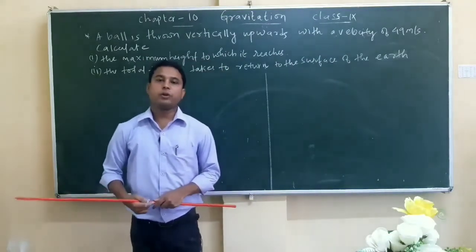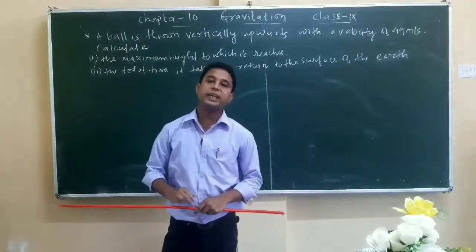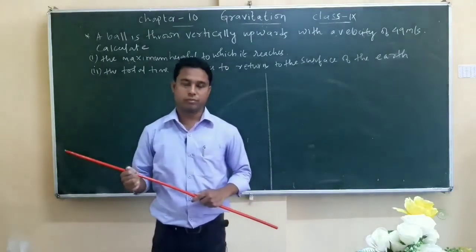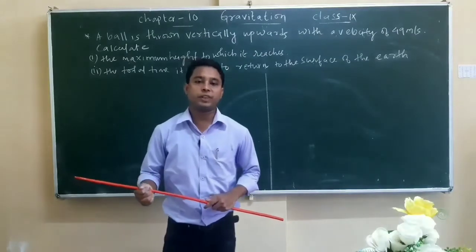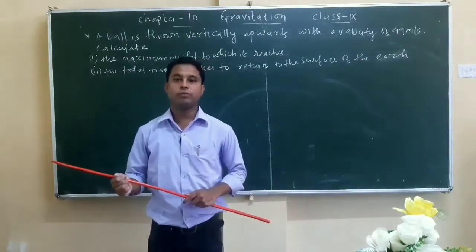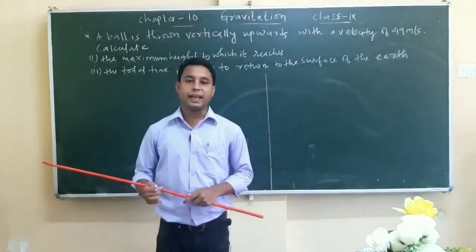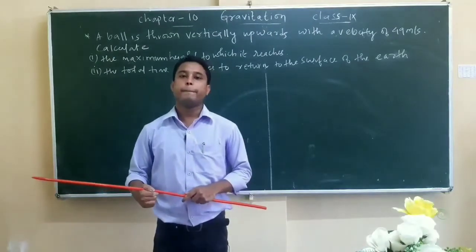When a body is dropped from a height, initial velocity u is equal to 0. When an object is thrown upwards, final velocity v is equal to 0. The time taken by a body to rise to the highest point is equal to the time it takes to fall from the same height.